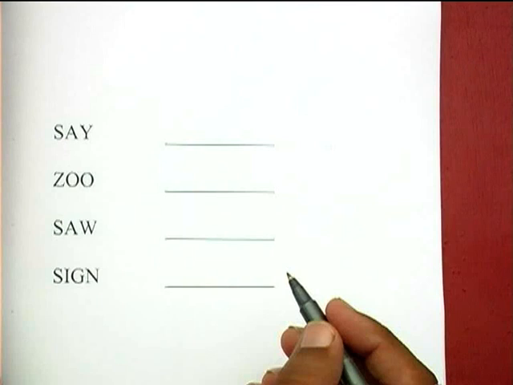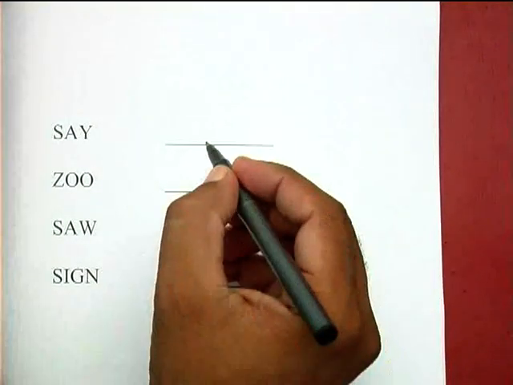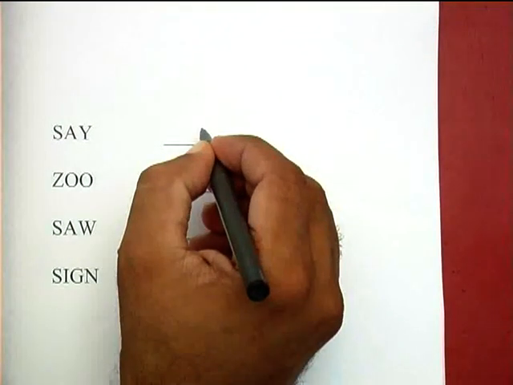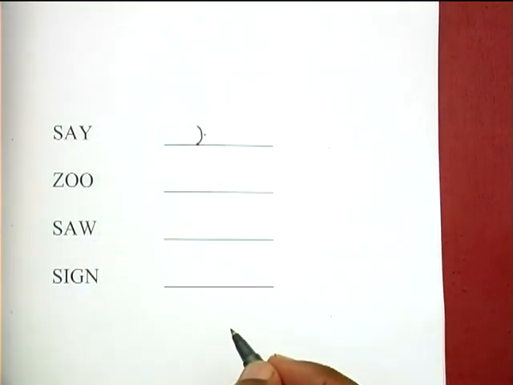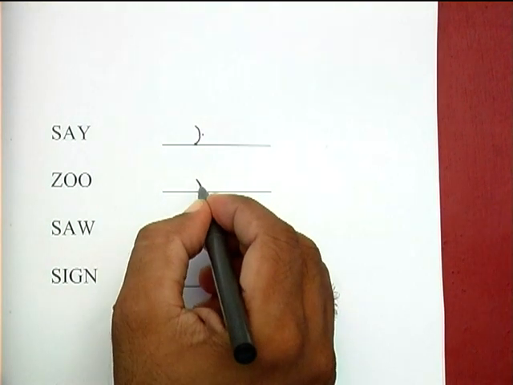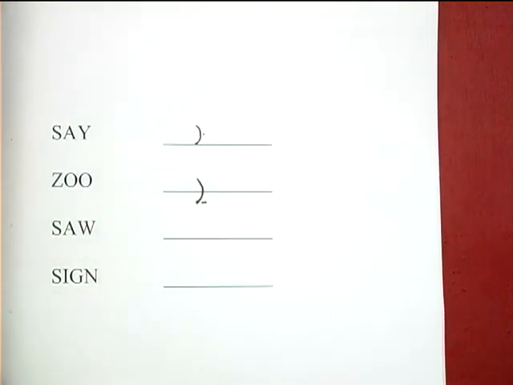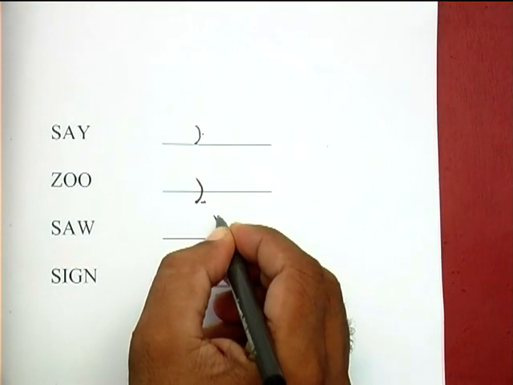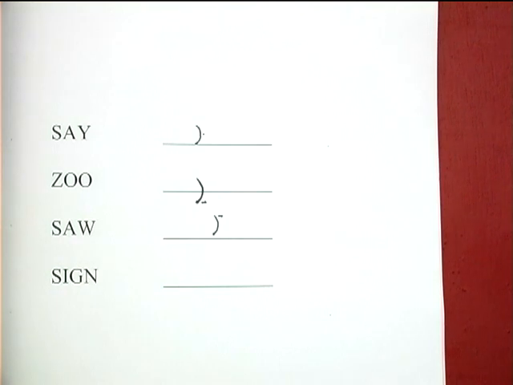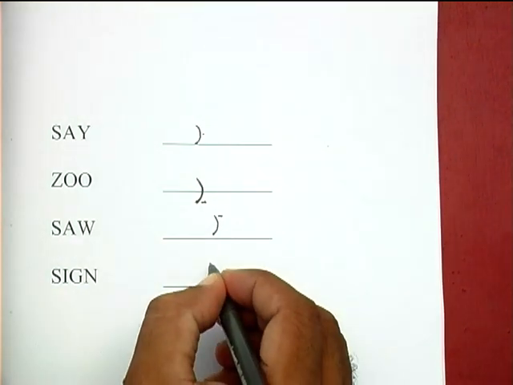This is irrespective of the fact that the vowel precedes or follows the consonant S or Z. You may observe the strokes made in the words say, zoo, saw, sign.